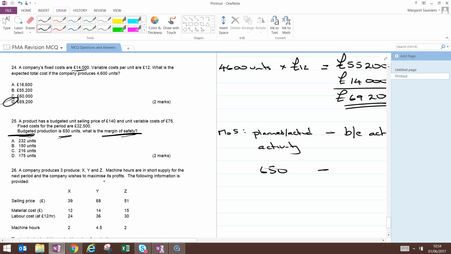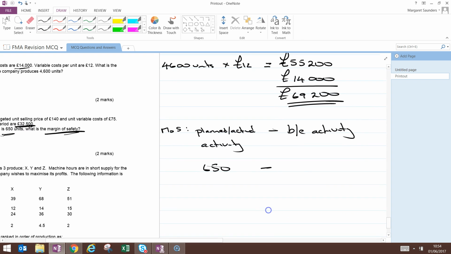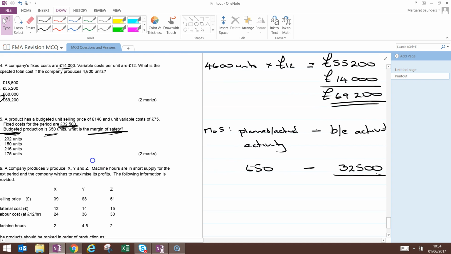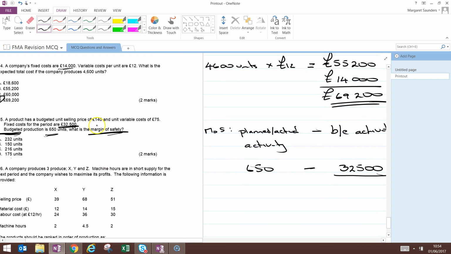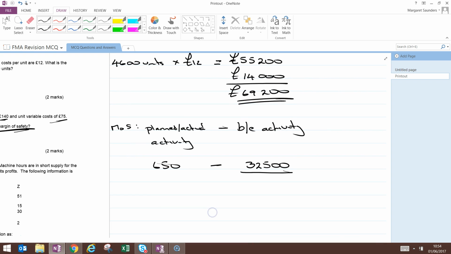Break-even is fixed costs, 32,500, divided by contribution per unit. Contribution per unit, selling price minus the variable costs. So 140 minus 75.